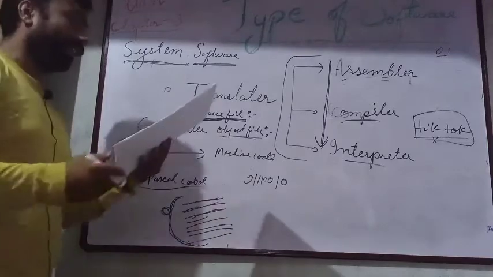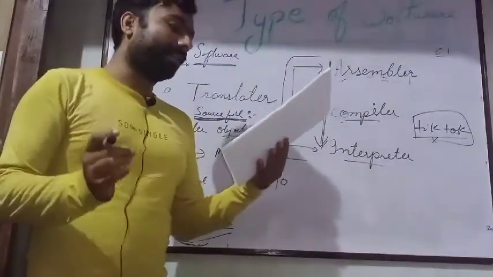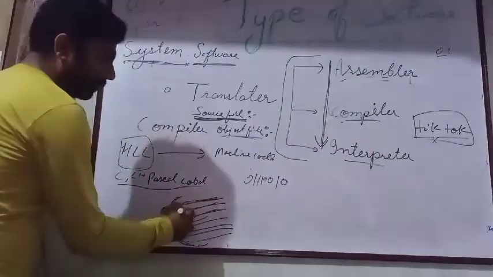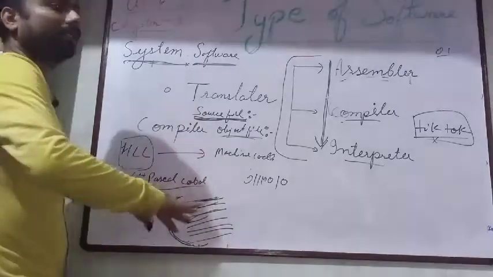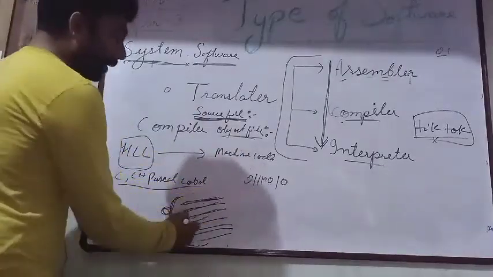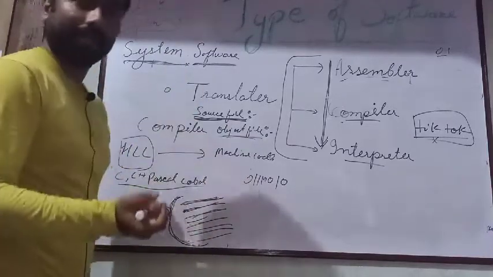So the point is, it goes through the entire program and checks the grammar of the language. Not your English grammar, but programming language grammar mistakes, such as something left out or misspelled.